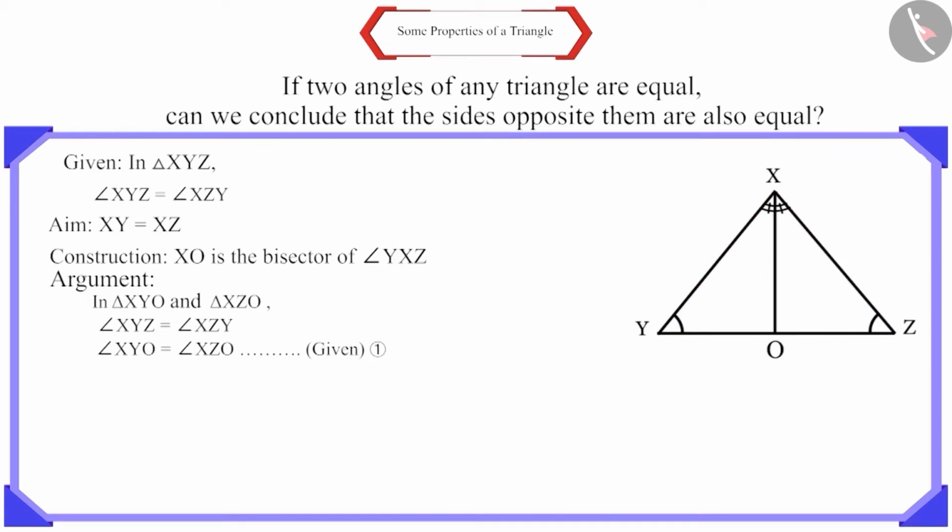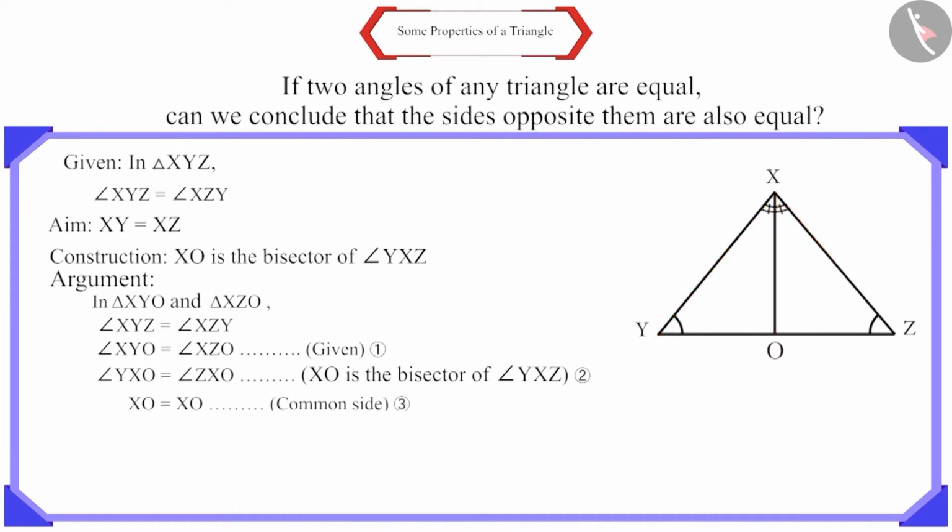Therefore, these will also be equal. And we constructed XO, which is the bisector of angle YXZ. Therefore, angle YXO and angle ZXO will be equal. Side XO is the common side.